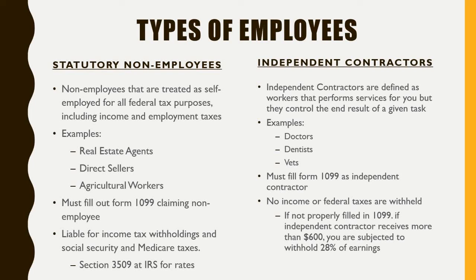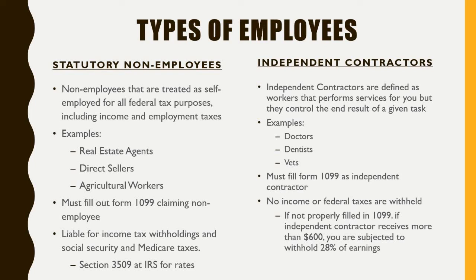You're working for the company, not for yourself. As a separate sales representative, you do whatever task is given. You come in whenever you feel like it, and when you make a sale, you get extra money on top of that. That's a huge key factor of what a statutory non-employee does.